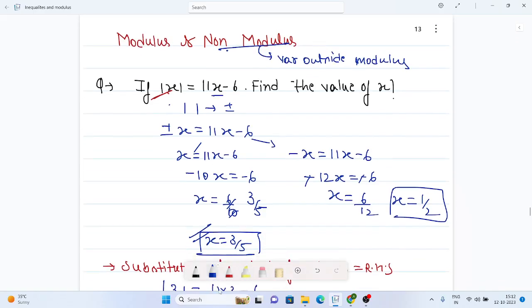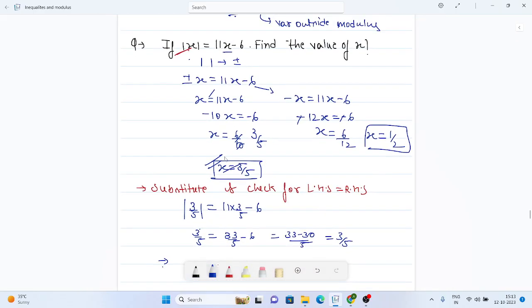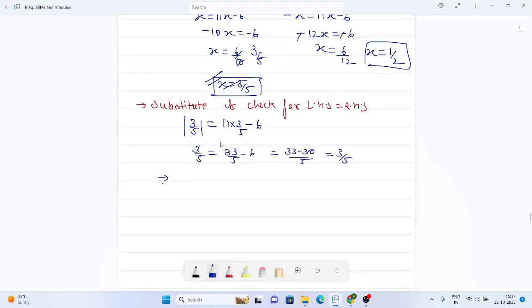What is the equation? Mod x equal to 11x minus 6. So if I put the second one here, mod 1 by 2 equal to 11 into 1 by 2 minus 6.